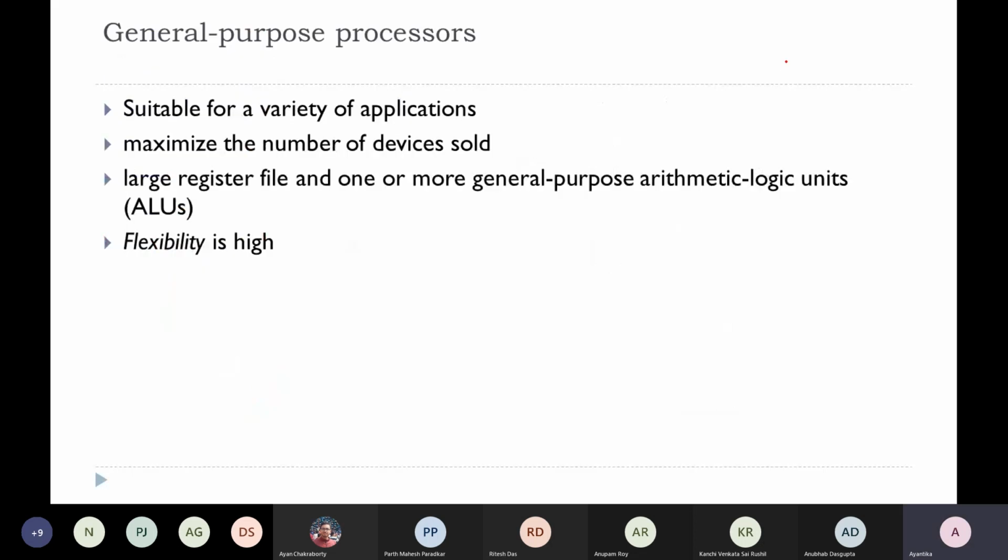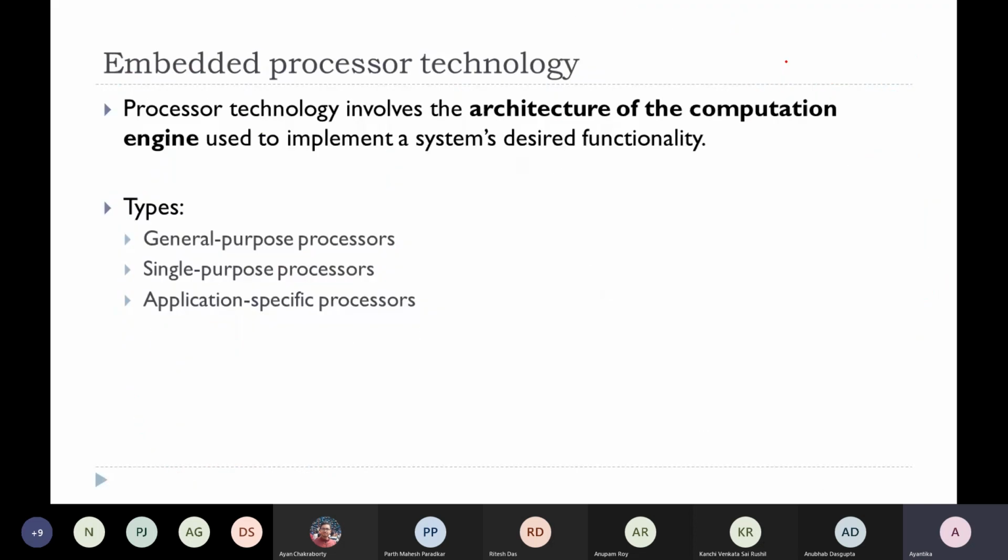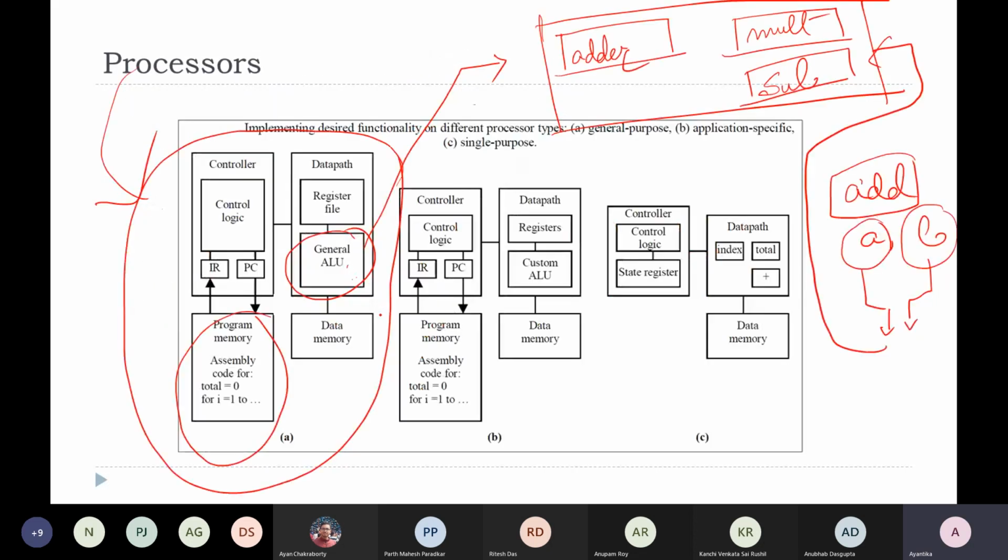While going through this discussion, you can note that there are three general purpose types of processors, as the name suggests, based on whatever support you are getting in the ALU. If you are getting just a particular support for a particular instruction, then your ALU is restricted and your implementation is also kind of restricted.